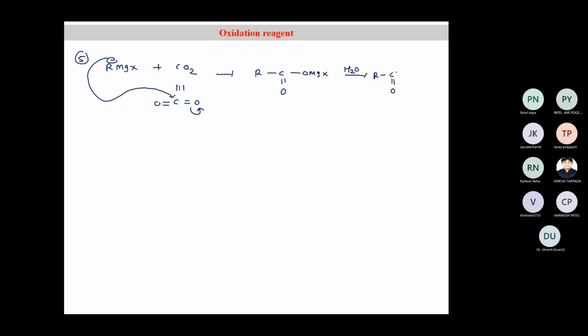When it reacts with CO2, R minus is added to the carbonyl carbon, and this is converted to RCOOMgX, which on hydrolysis gives RCOOH. Suppose you want to synthesize acetic acid, then you can take CH3MgBr and react with CO2. So it gives acid with one more carbon.